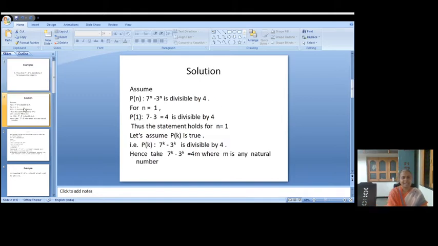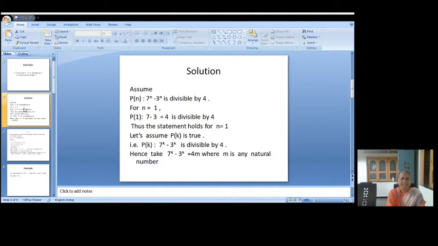Here we assume that P of n is: 7 raised to n minus 3 raised to n is divisible by 4. Whenever we prove such a statement by mathematical induction, we first take n equal to 1, and thus we get P of 1 as 7 raised to 1 minus 3 raised to 1, that is 7 minus 3 equal to 4, and this 4 is divisible by 4 itself.